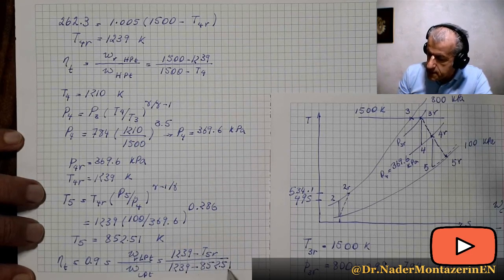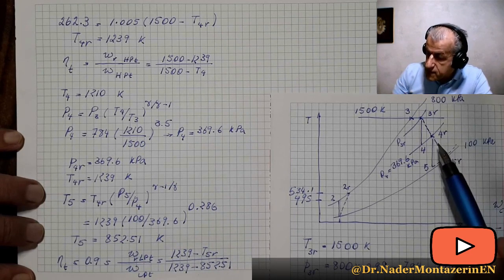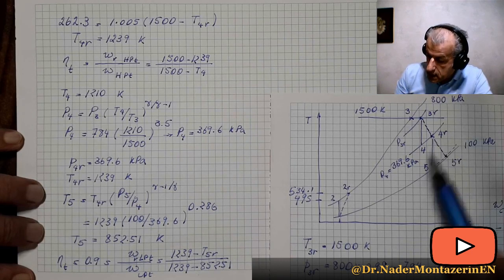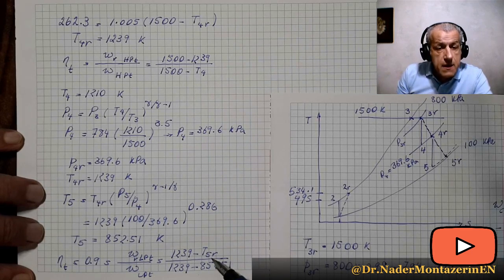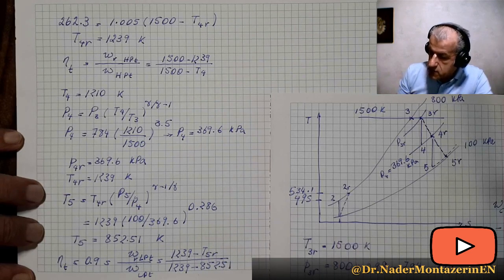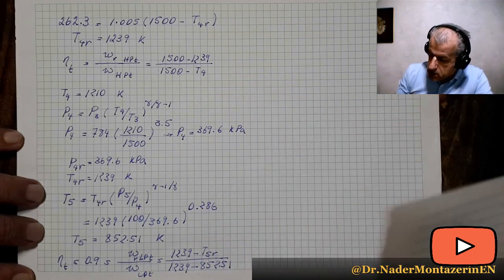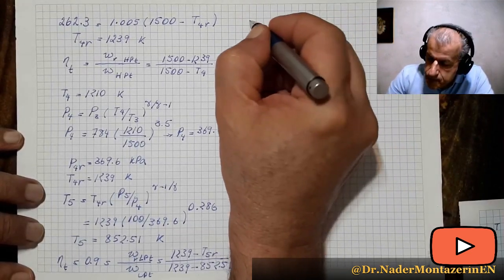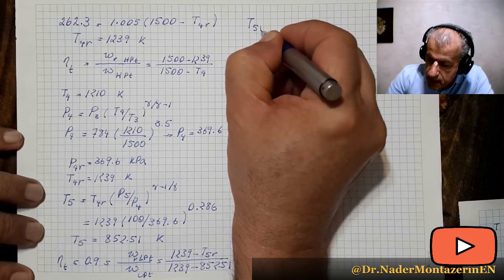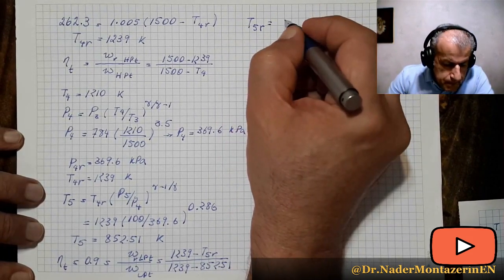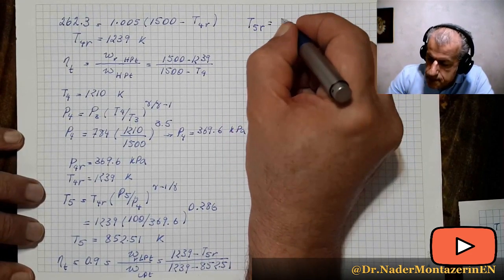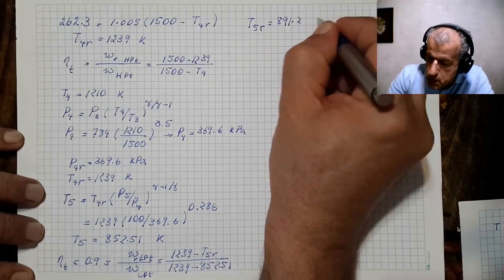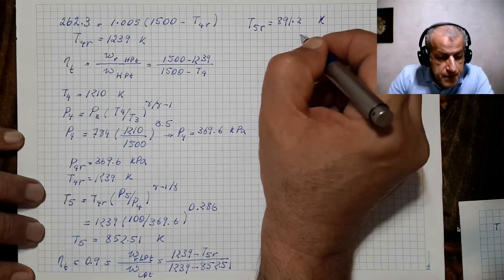The denominator is the ideal turbine work, and the numerator is the real turbine work. Calculating this gives us T5R to be 891.2 kelvins.